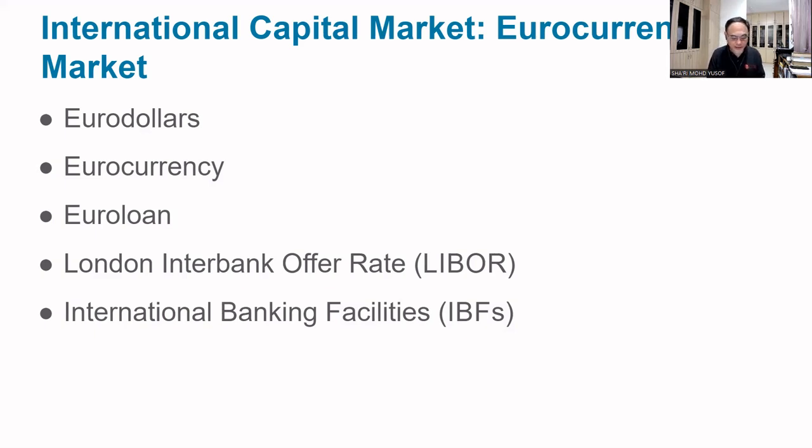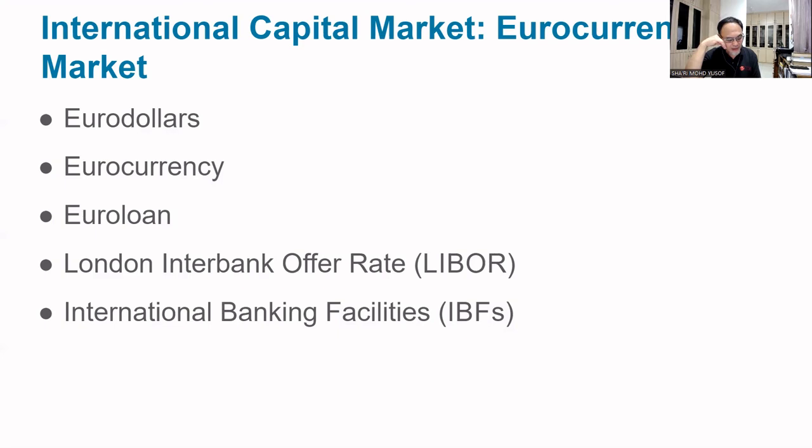An IBF is an entity of the US bank that is legally distinct from the bank's domestic operation, and may offer only international banking services. It does not need to observe the US domestic regulations. To counter the European euro currency market, the US created international banking facilities to provide loans for international banking services, mainly for US companies, probably.